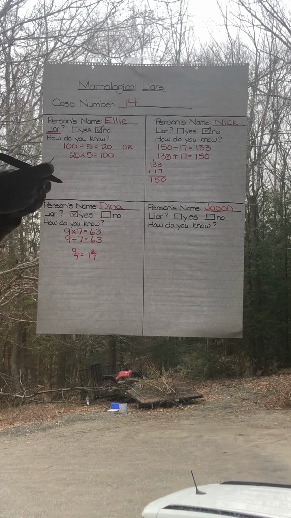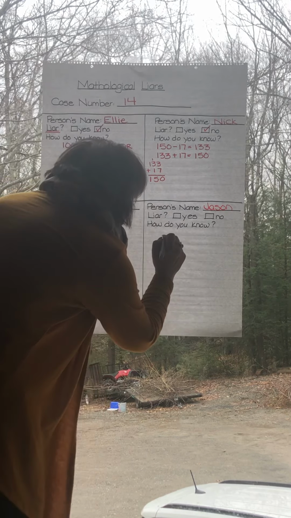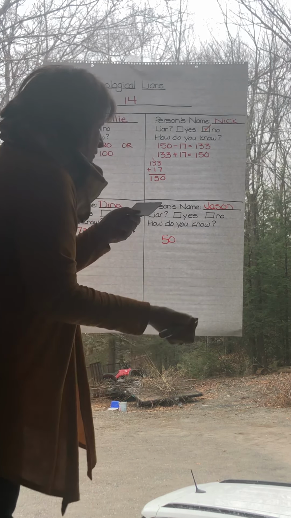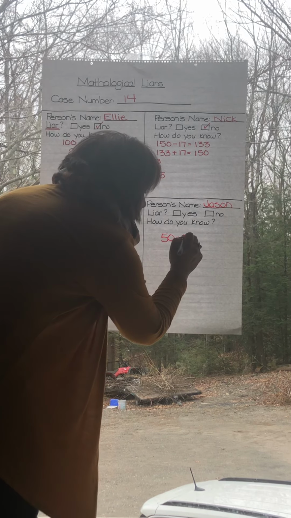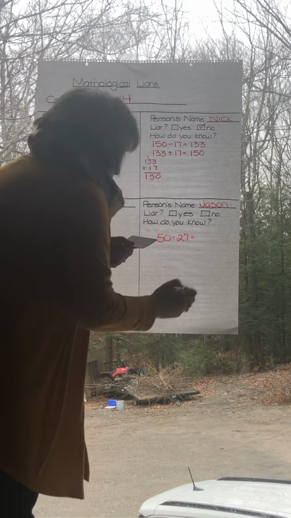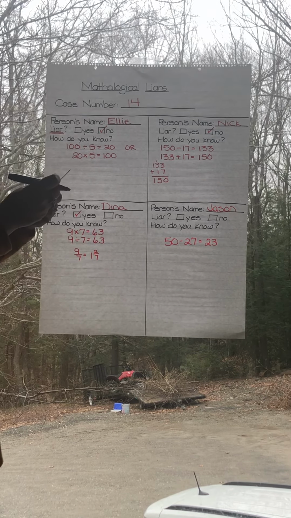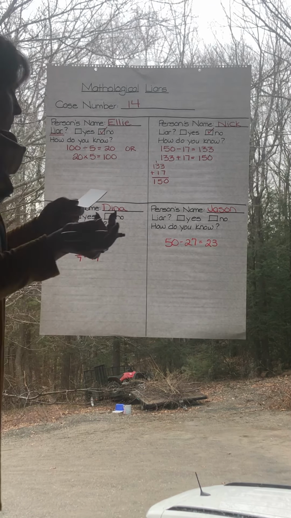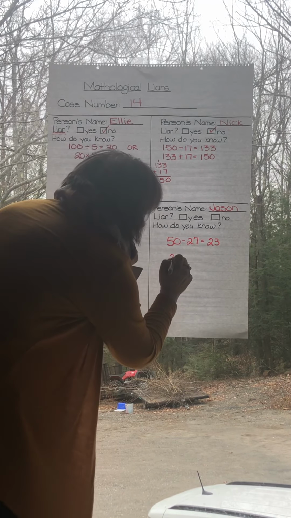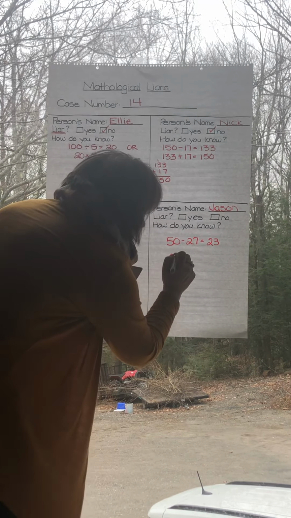In case you don't know, 50, the total number of states, minus 27, the states he visited, is 23 states that he still needs to visit. And he knows that because 23 plus 27 equals 50.